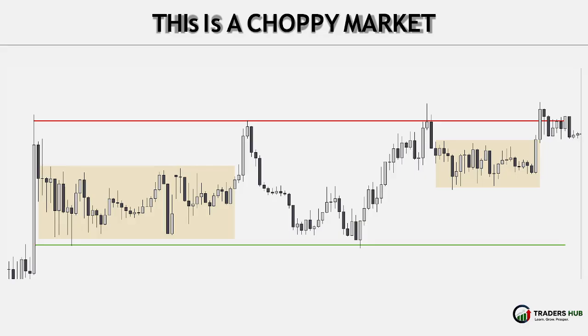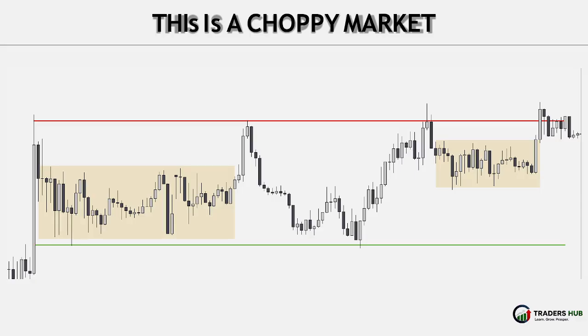Fellow traders, I think that's it for today's class, and we've had enough for today. Just to remind you, today we've learned about market structure, the breathing pattern of the market, and that in any market you'll always have a trendy market or a consolidating market.